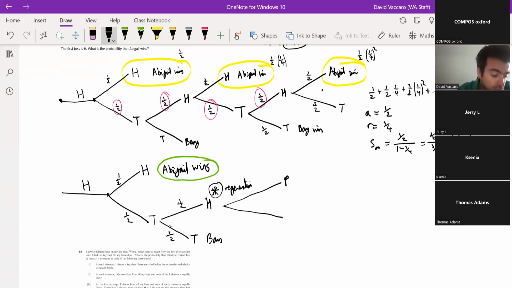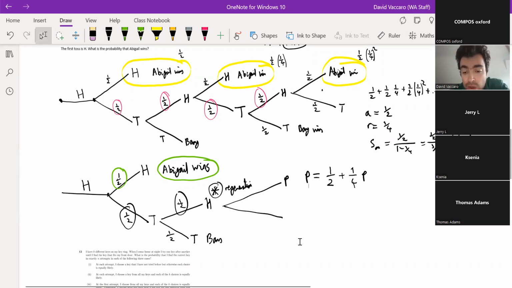So now, when you sum up all the outcomes, you've got a half plus a half times a half, which is a quarter, P. So you get P is equal to a half plus a quarter P. So this is the probability of winning on the first toss.